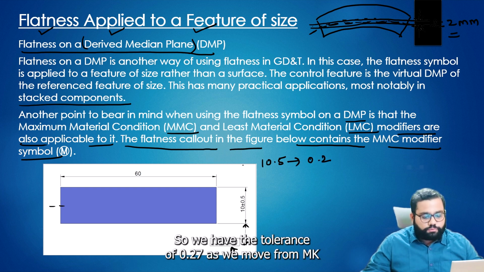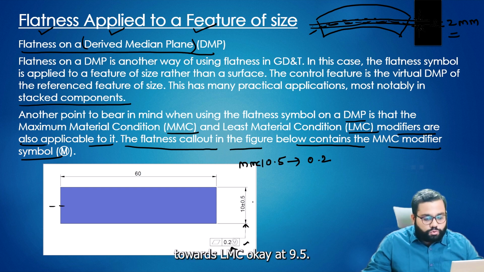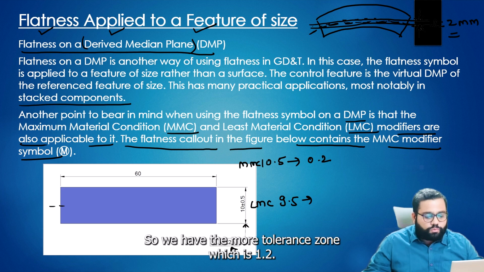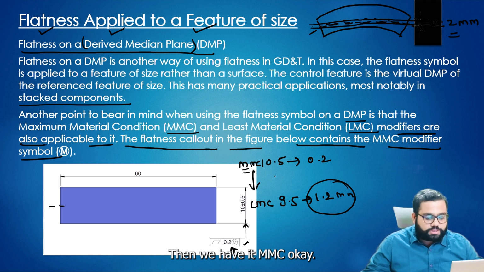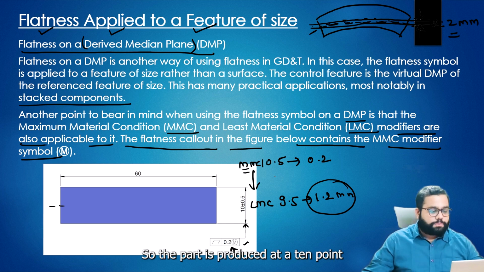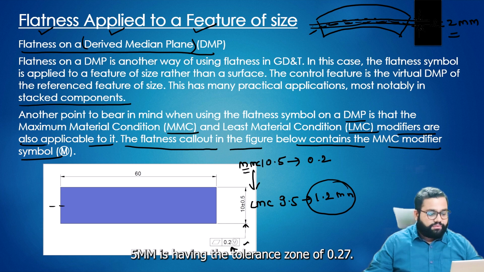As we move from MMC towards LMC, at 9.5, we have a larger tolerance zone.